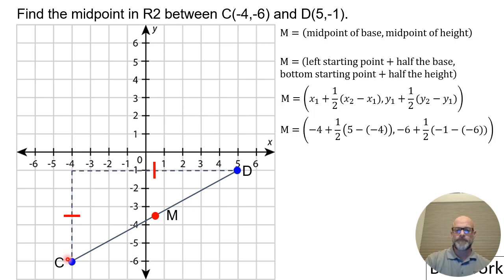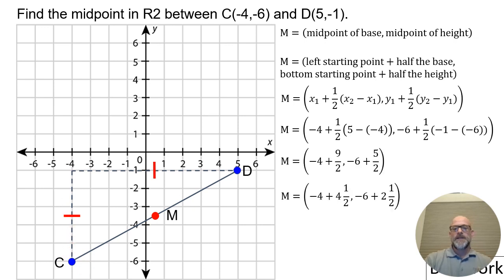There you go. So it'd be like -4 plus 1/2 of this distance, and -6 plus 1/2 of the total distance. Notice you get exactly the same results, 1/2, comma, -3.5 for the midpoint.